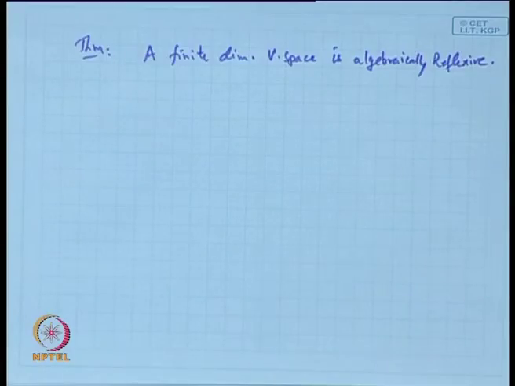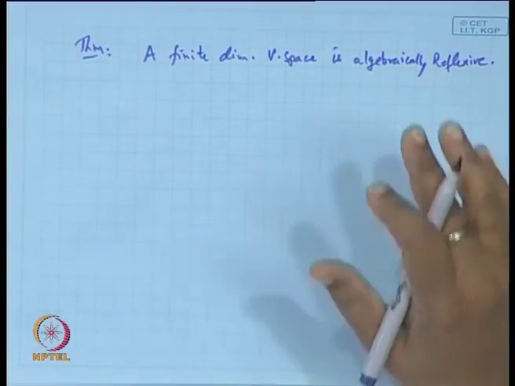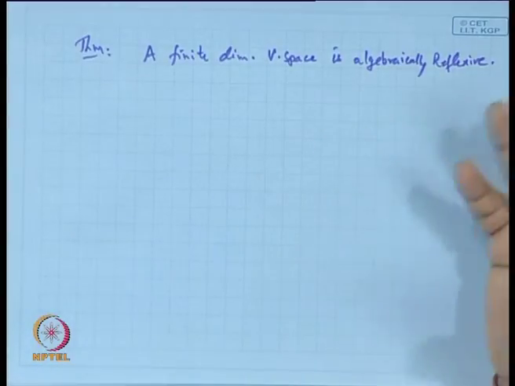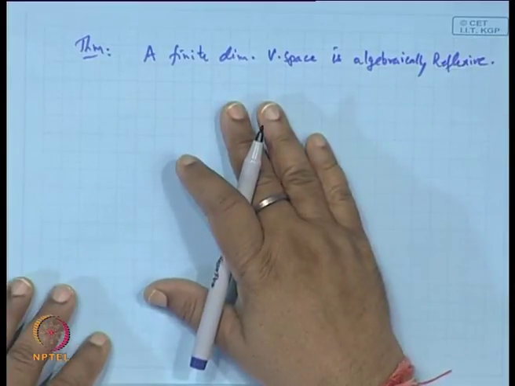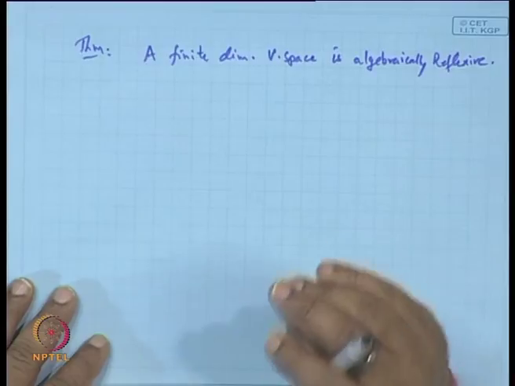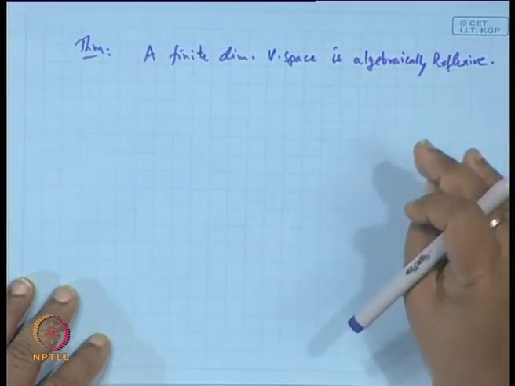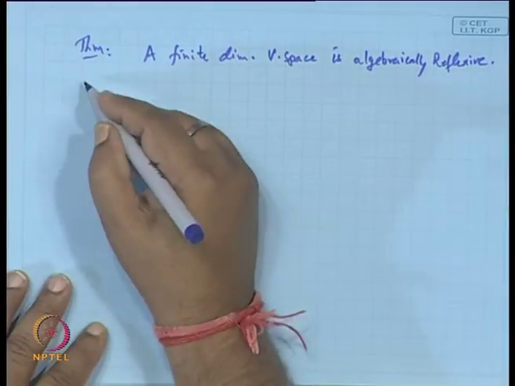It means if the second dual of this coincides with itself, or if there is a canonical mapping from x to x double star, which is one-one onto and preserves all the operations, and the images will be identical, then we say it is a reflexive mapping. So if x is a finite dimensional vector space, then it should be a reflexive space.